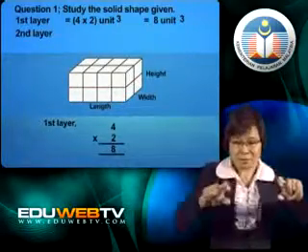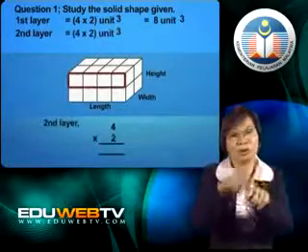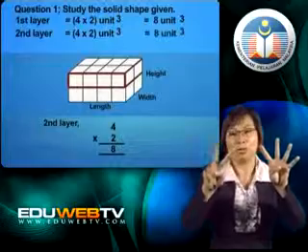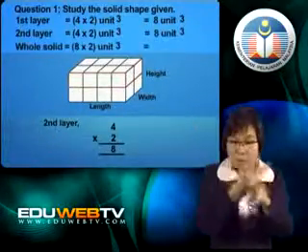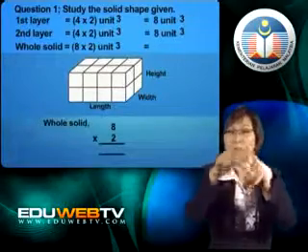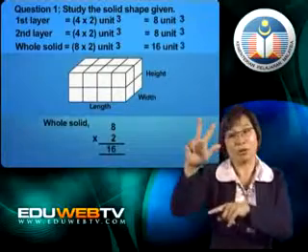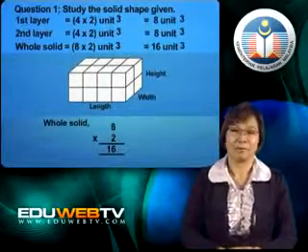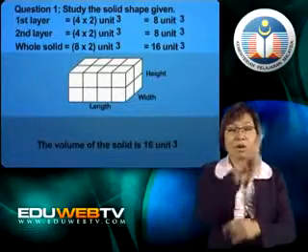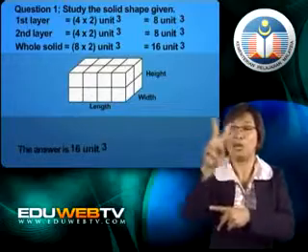So we multiply the 8 by 2 to get the whole solid, which is 8 multiplied by 2 equals 16 unit cubes. The volume of the solid is 16 unit cubes. The answer is 16 unit cubes.